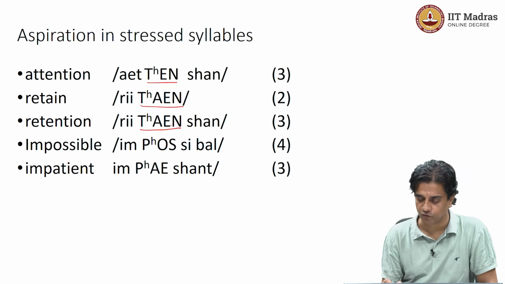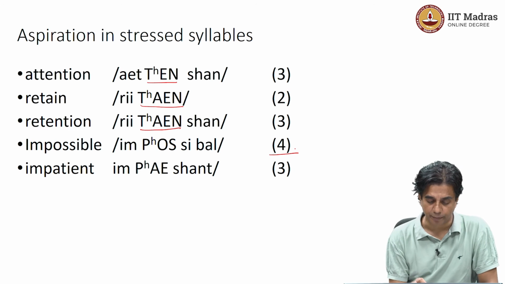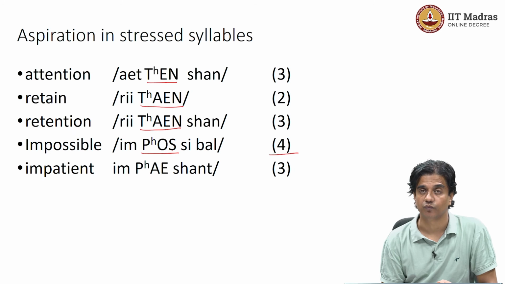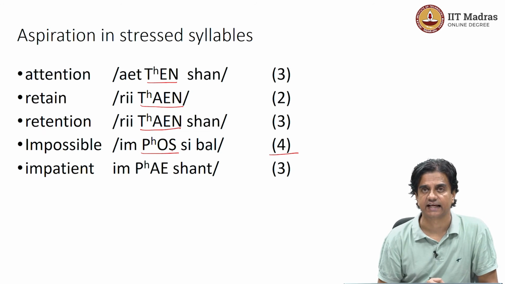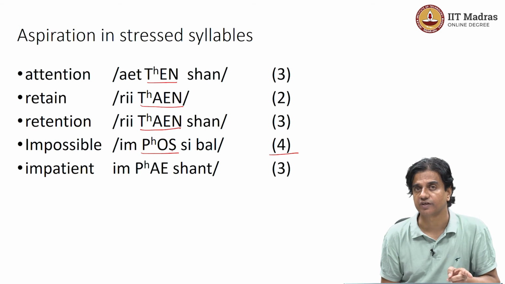Impossible, four syllables. Pa at the initial position of the stressed syllable in this word therefore gets aspirated, even though it's not at the initial position of a word.